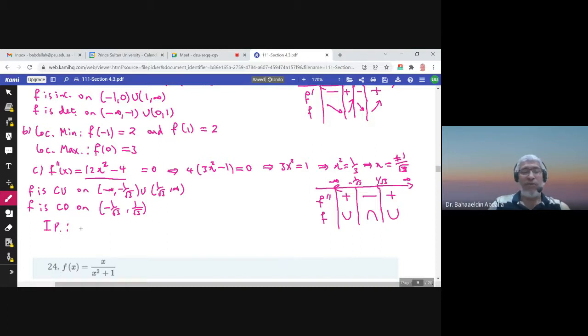One of them is negative 1 over square root of 3 and f of this.